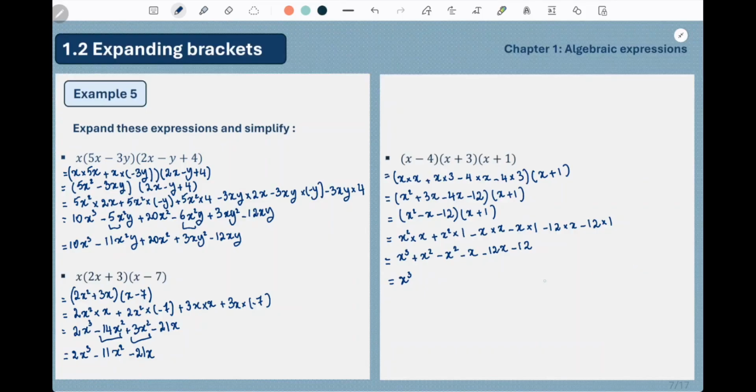Potato minus a potato is 0, basically. So that becomes 0, and minus x, because they share the same term, becomes minus 13x minus 12. And this should mark the end of this lesson.